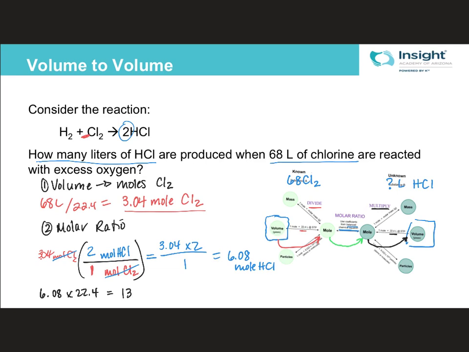And I get 136.19 liters of CO2. Again, just keep in mind your number here is different. Do this with your number, but the steps you're going to take are going to be the same.